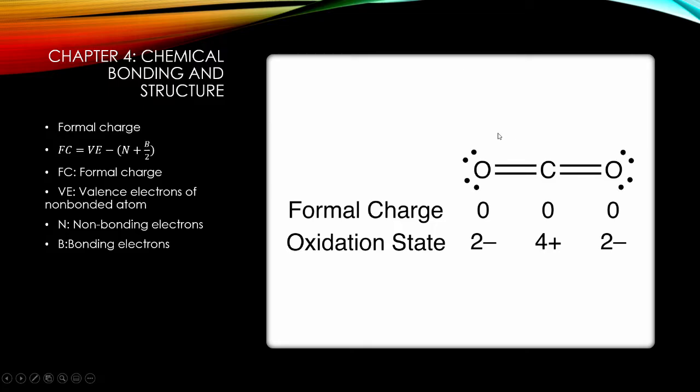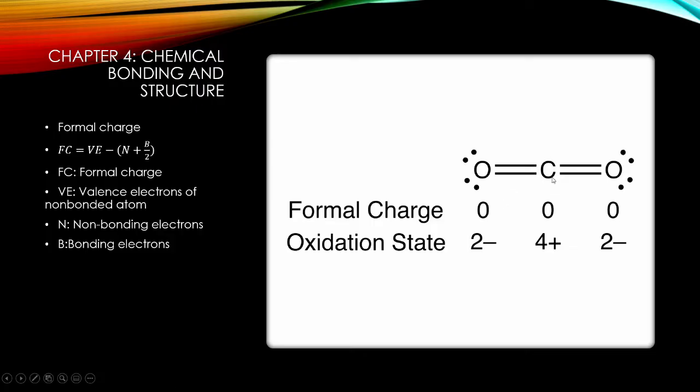So the goal is that you want the most electronegative atom to carry the negative formal charge if there's a negative formal charge, and you want to minimize the formal charge, and you want the formal charge to match the overall charge of the molecule. And in this case, carbon dioxide is neutral, so there's not supposed to be any charges, and since we want to minimize it, we want them all to be 0. So let's check that they're all 0.